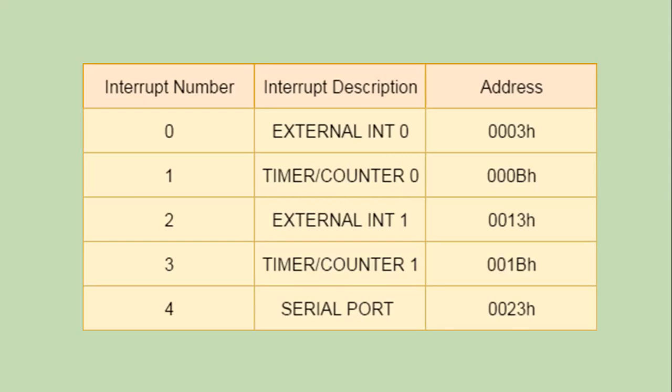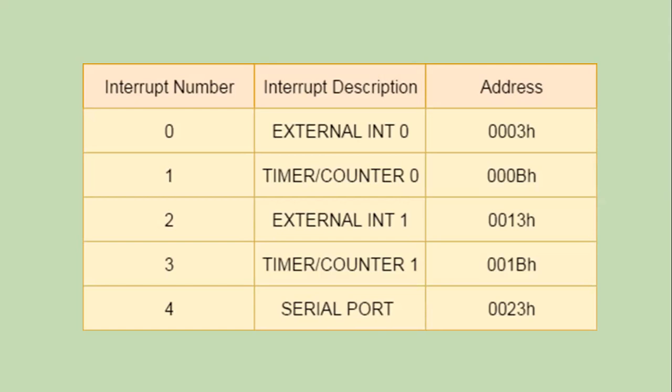You can also observe in the table the addresses related to these interrupts. External interrupt 0 has the address 0003H. H means hexadecimal; 0003 is a hexadecimal value. Timer counter 0 has address 000BH, then 13, then 1B, then 23.